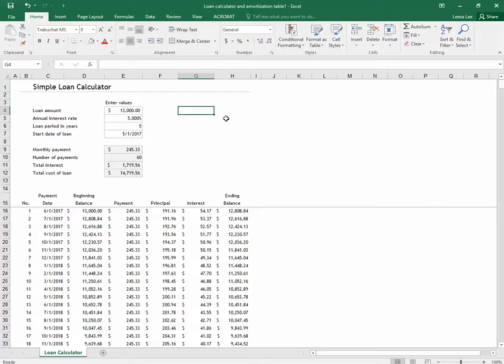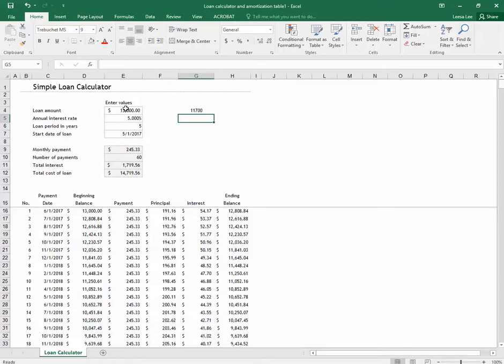Whenever you are doing a formula in Excel, you start with an equal sign, and we're just going to take our mouse and click on the 13,000, and we're going to multiply, with the asterisk, by 90%, or 0.9. So the loan that we are allowed to get is $11,700.